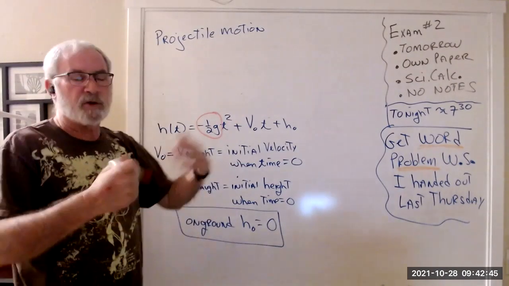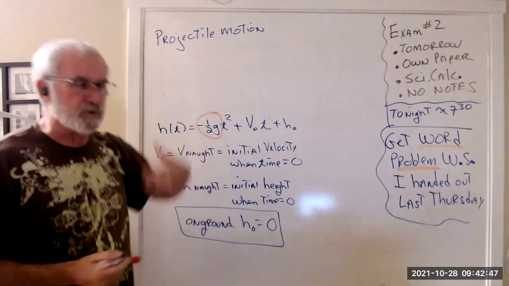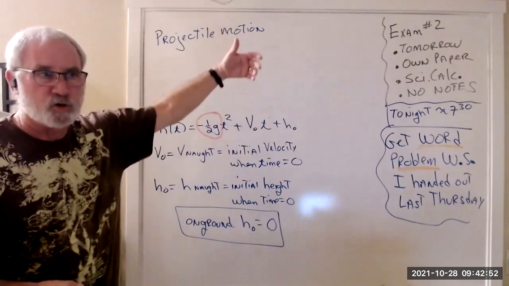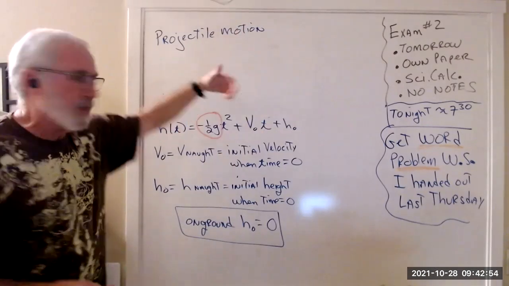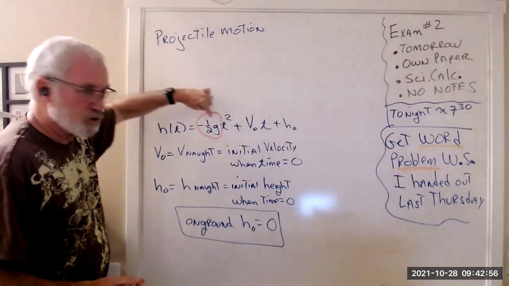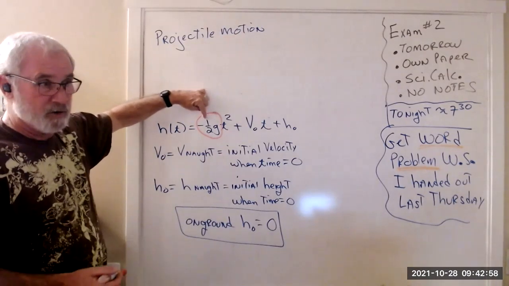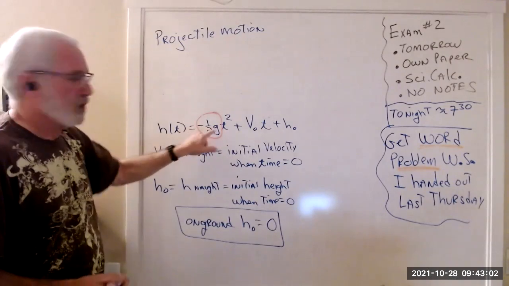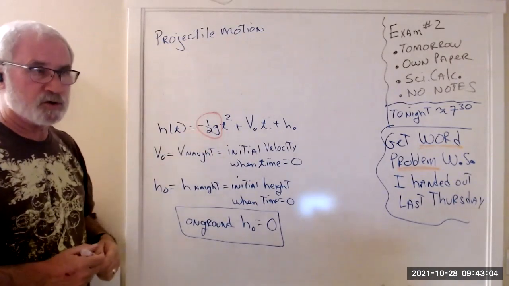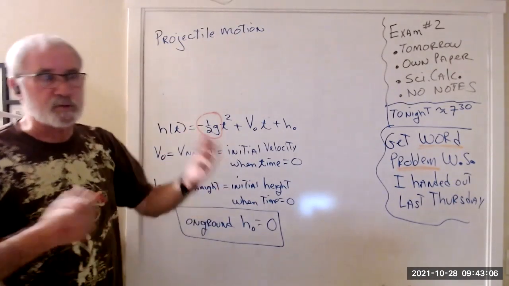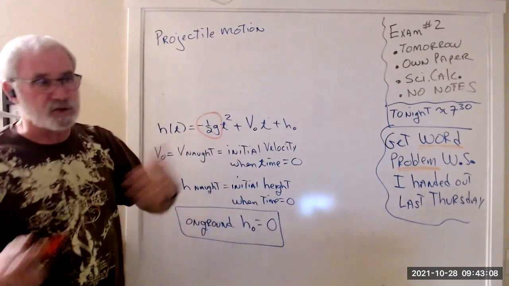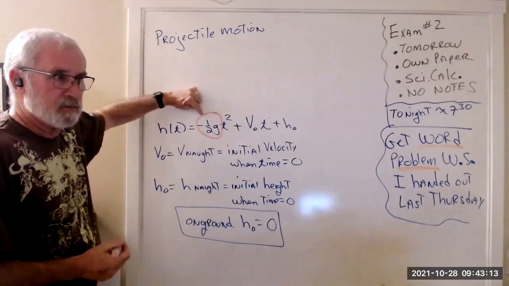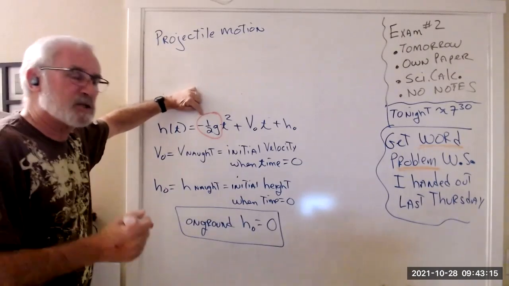On Earth, it is different than on the moon, different than on Mars, different than on Jupiter. So this number changes depending on what planet you're on. Also, this number changes depending on what units you're using. If you're using meters per second or feet per second, then we stick a different number in here. Now, that's the physics part of it.